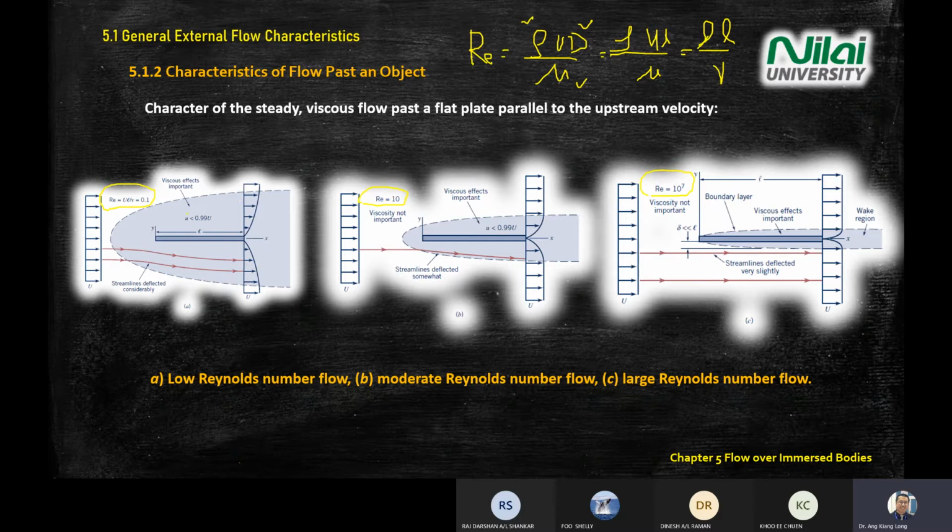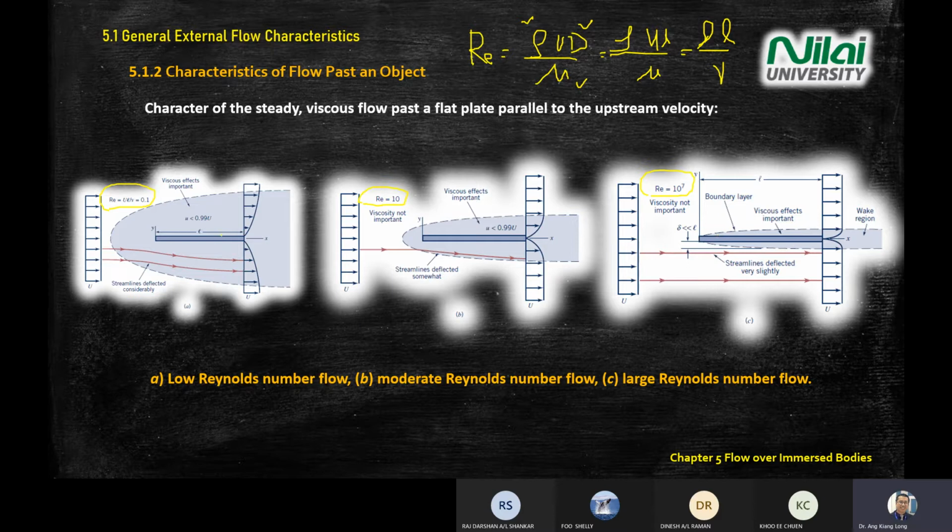What do we mean by the gray area? The gray area is where the viscous effect takes place, or where you have the friction effect. As you increase the velocity, the viscous effect region shrinks until it is very near to the surface.